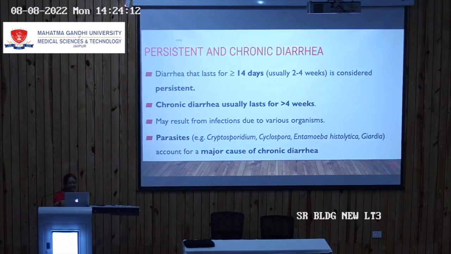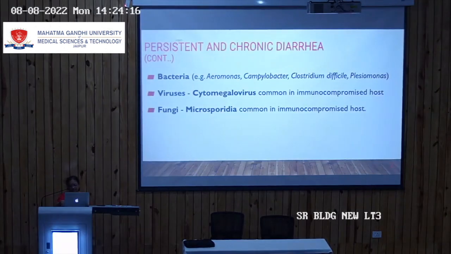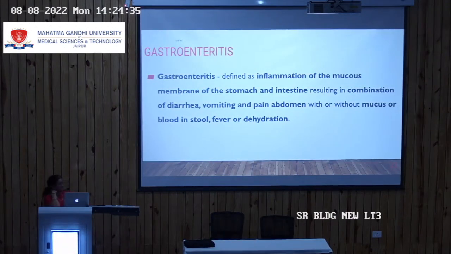Parasites will generally cause chronic diarrhea. Then there are certain bacteria also like Clostridium and Campylobacter. Some viruses like cytomegalovirus in immunocompromised hosts, and fungi like Microsporidia in immunocompromised hosts are seen.